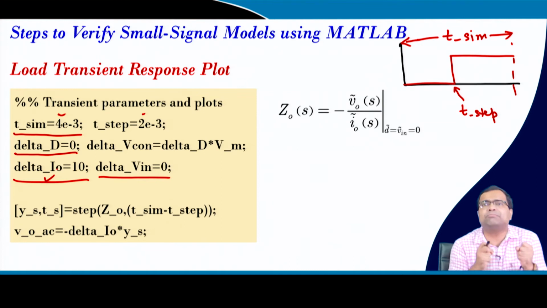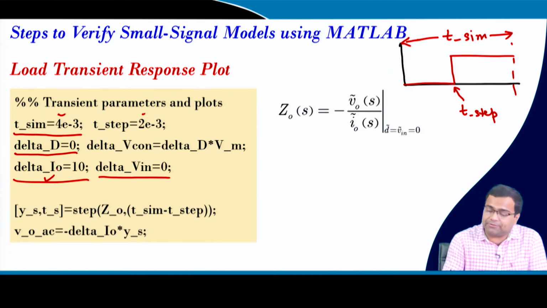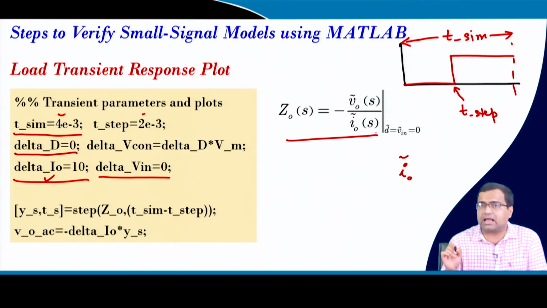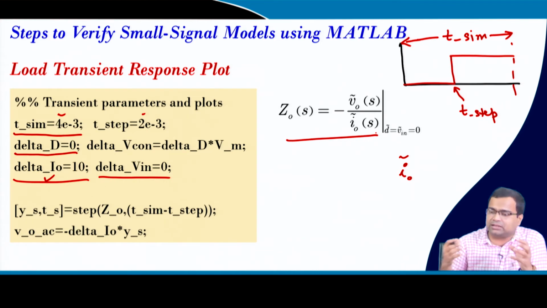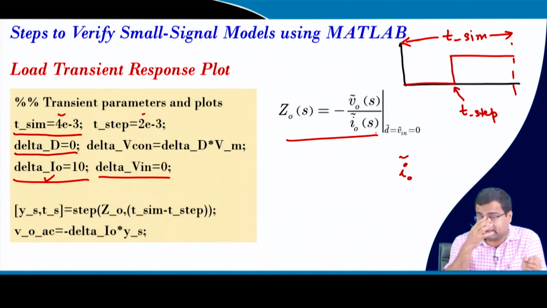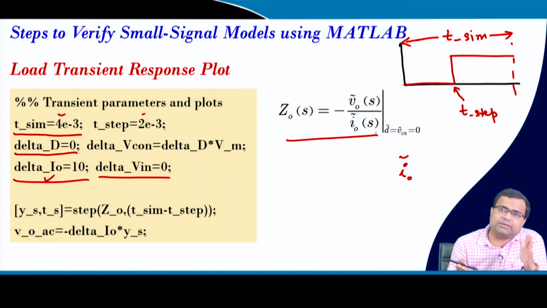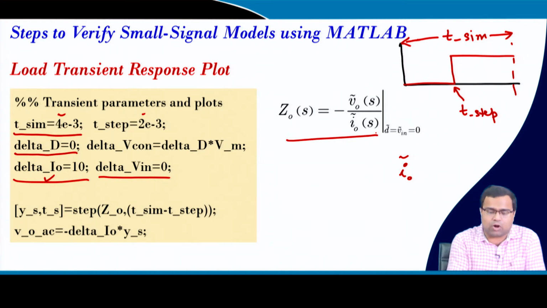So it is the output impedance we use, because if you recall, this is the output impedance expression, and in the small signal transfer function, if you operate under fixed duty ratio and fixed input voltage, the output voltage will be affected if you excite from an external current source. That effect can be modeled using output impedance.